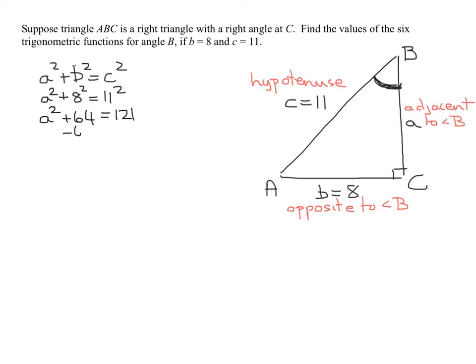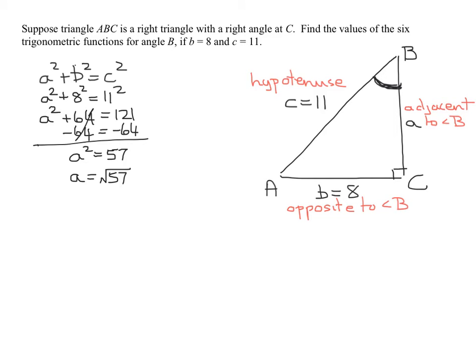Now I need to subtract 64 from both sides, and I get a squared equals 57. 121 minus 64 is 57. Since this is a right triangle, a is going to equal the positive square root of 57, because I cannot have a negative length on one of the sides. So now I know all 3 sides of my right triangle.